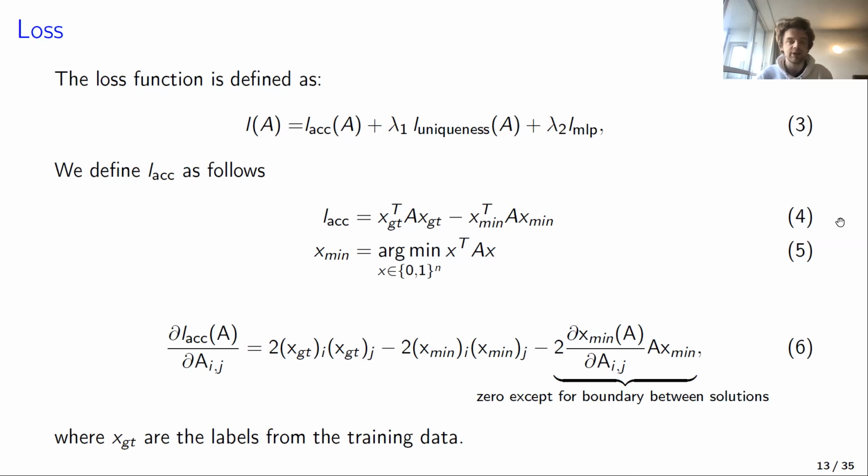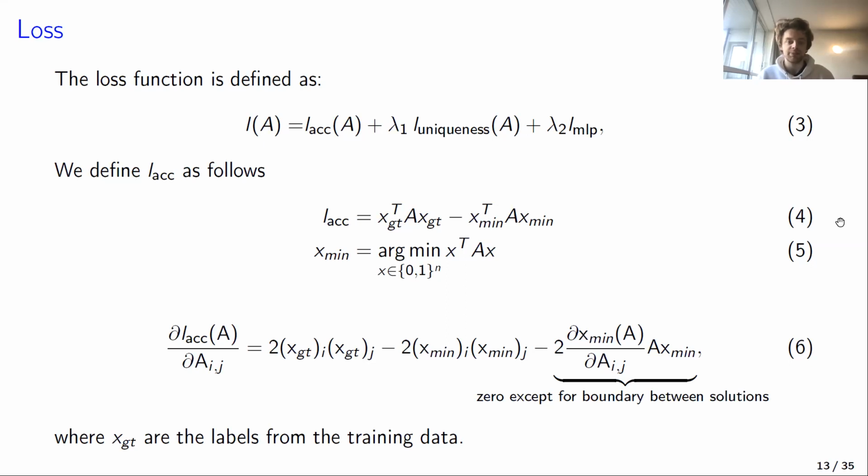When we look at the definition in equation 4, we can see that this loss is minimized basically when the minimizer of our matrix A is the same as the ground truth solution. And the minimizer is basically the vector which minimizes the inner product of x times A times x. When we take a derivative of this loss, we can see that in the first and the second term, there's no A term included, and just in the last term we have a term where A is included.